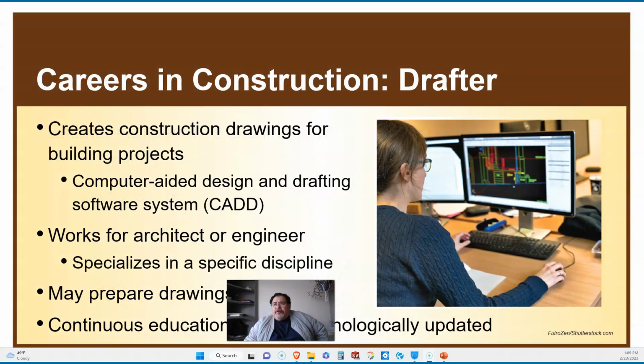So they may prepare drawings in 2D or 3D. Not so much 3D, but only if BIM is one of the skills. If they're using Revit instead of AutoCAD to do their drawings, then they'll typically be drawing in 2D.